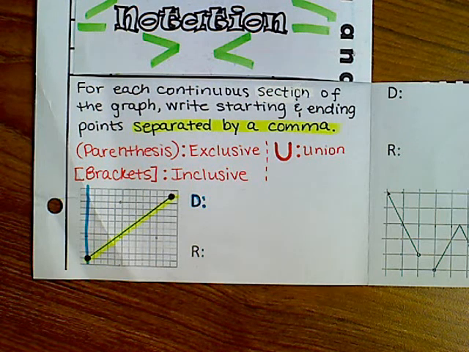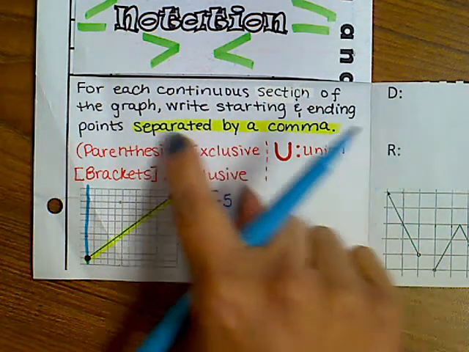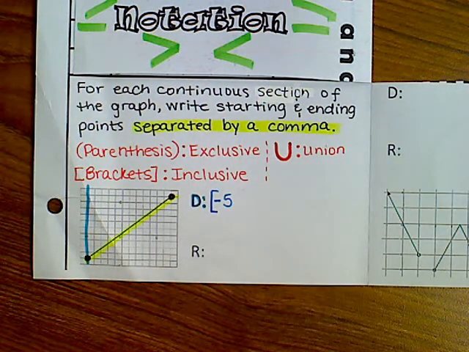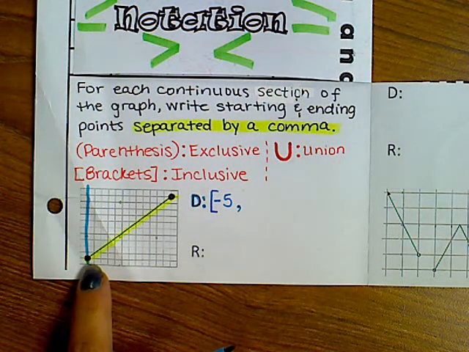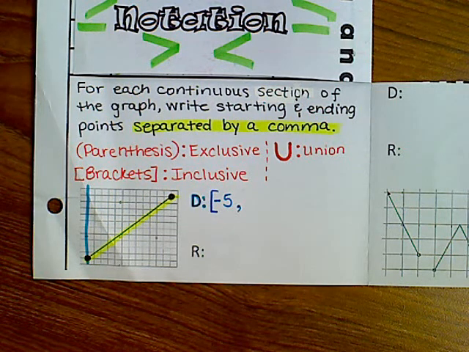Now, because I have a solid dot, it's inclusive. Now remember, it must be separated by a comma, the starting and the ending point. So we start on the left, then we move on over to the right, and since it's a solid dot, that means it's again inclusive.